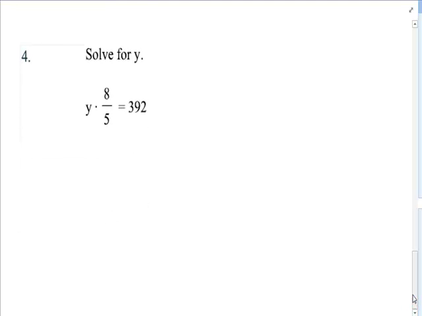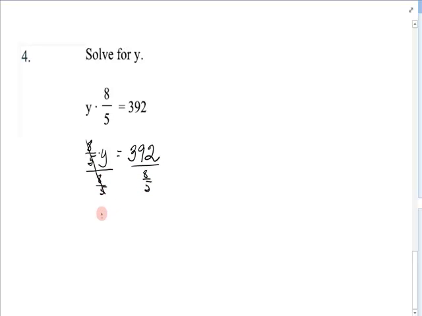All right, let's look at one more. This looks like it's got some big numbers. Once again, I don't have to, but I would rather rewrite this as 8 over 5 times y is equal to 392. The number times the variable can be on the right, but is typically on the left. Let's divide both sides by 8/5.